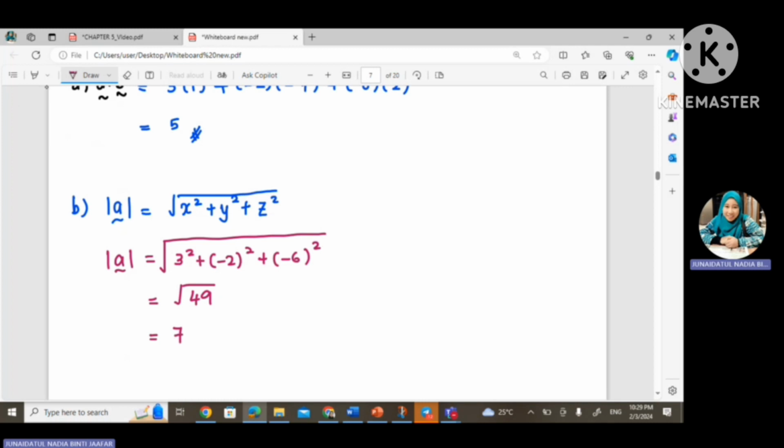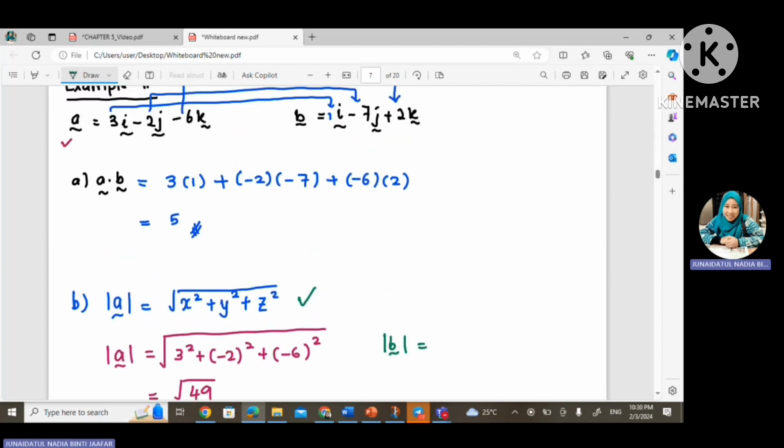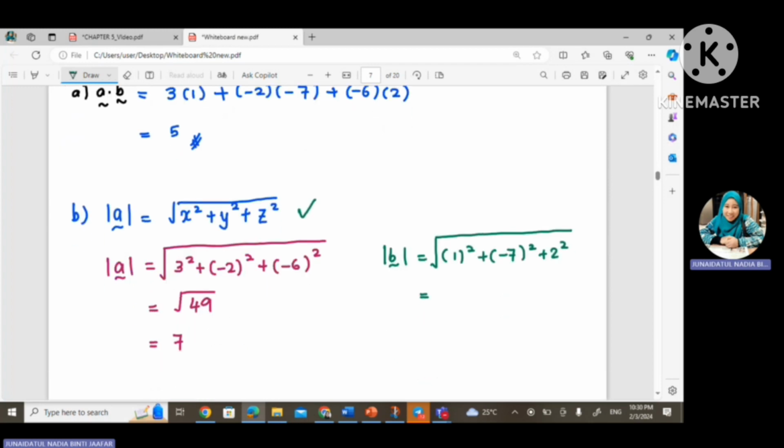Then we must find the magnitude of B using the same formula. We use vector B, so we have 1 squared plus negative 7 squared plus 2 squared, and then we square root. The magnitude of B is square root of 54.